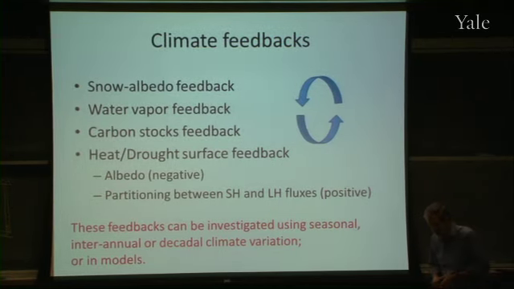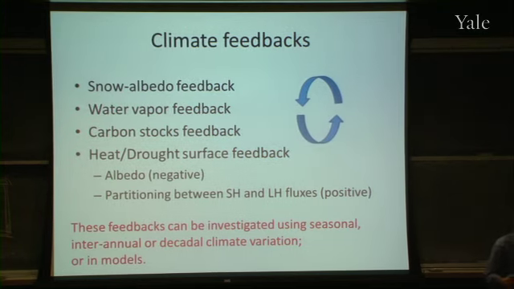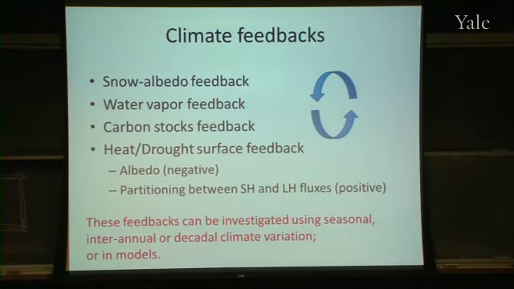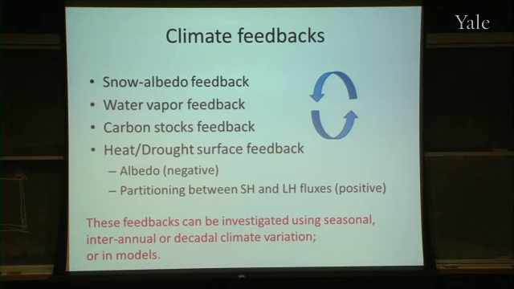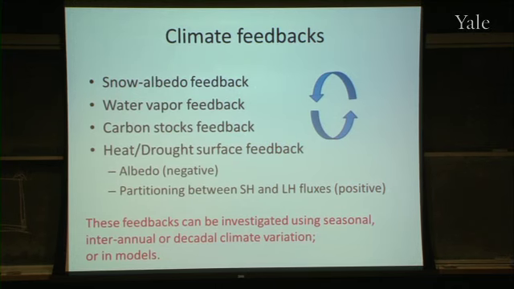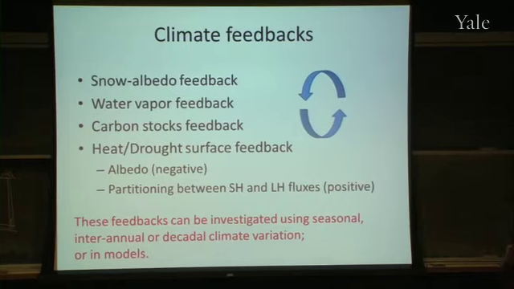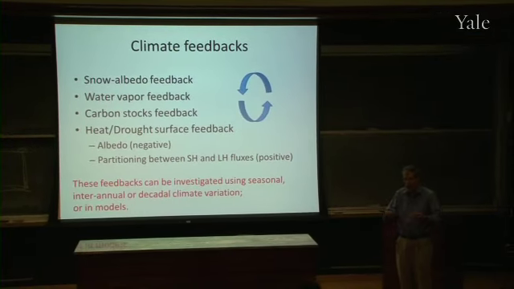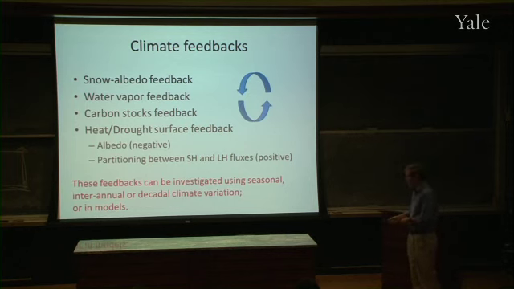A water vapor feedback would be: you warm the climate, you evaporate more water. The warmer temperatures allow more water vapor to be held in the atmosphere. Water vapor is a greenhouse gas, traps more outgoing long-wave radiation. You warm the climate further. That's another positive feedback.